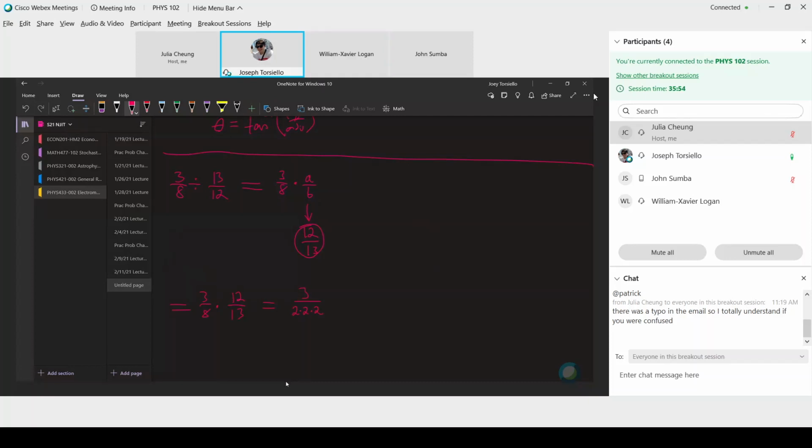So 8 is the same thing as 2 times 2 times 2, and 12, let's say it's 4 times 3, so 2 times 2 times 3. And if you are simplifying fractions, this is probably going to be the most tedious part, because you have to think about how far you can break this down into integers multiplied by other integers.